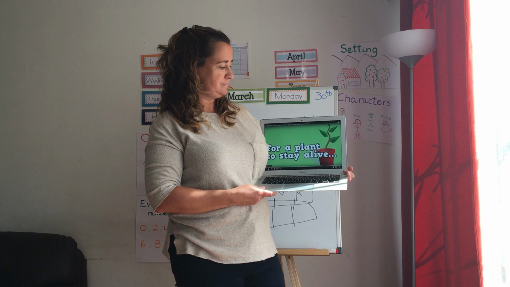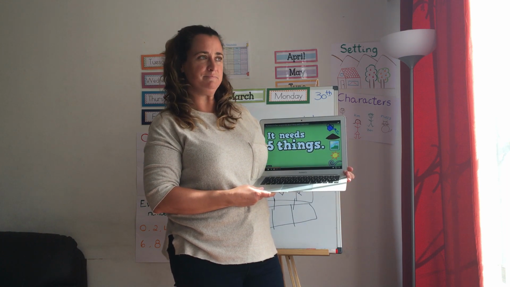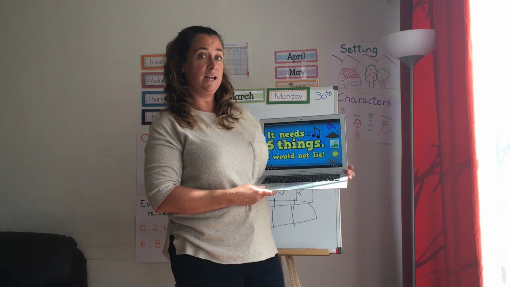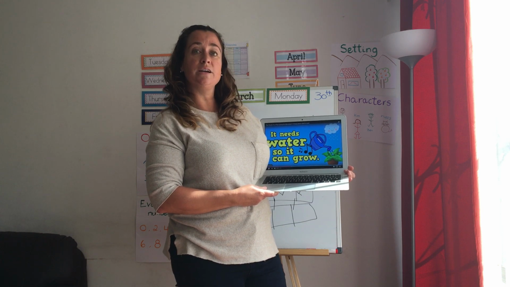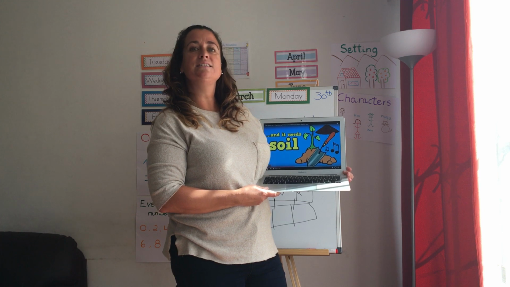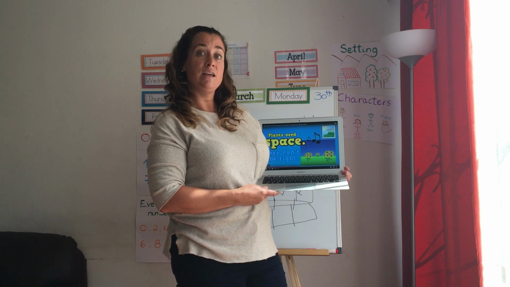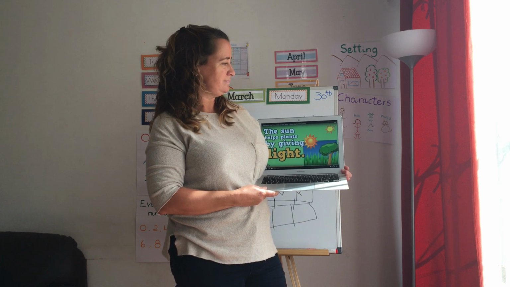For a plant to stay alive. It needs 5 things I would not lie. It needs water so it can grow. And it needs soil just like so. Plants need space, they can't be tied. The sun helps plants by giving light.